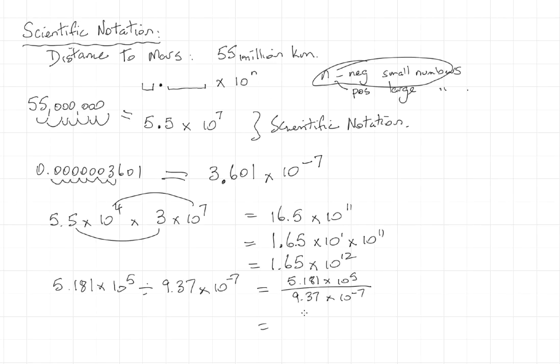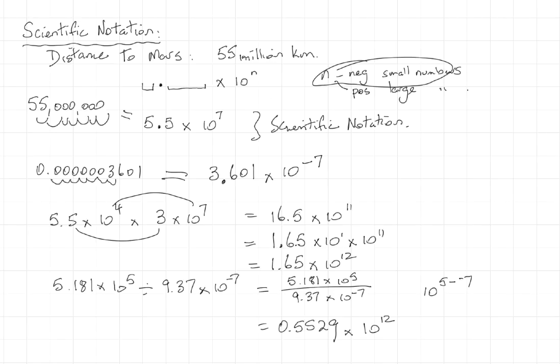We can work this out using our calculator, and we get 0.5529 when we divide that into that. And when we're dividing, we subtract the indexes, and we're going to put the answer on the top. So it'll be 10 to the power of 5 minus negative 7, and 5 minus negative 7 is 10 to the power of 12.